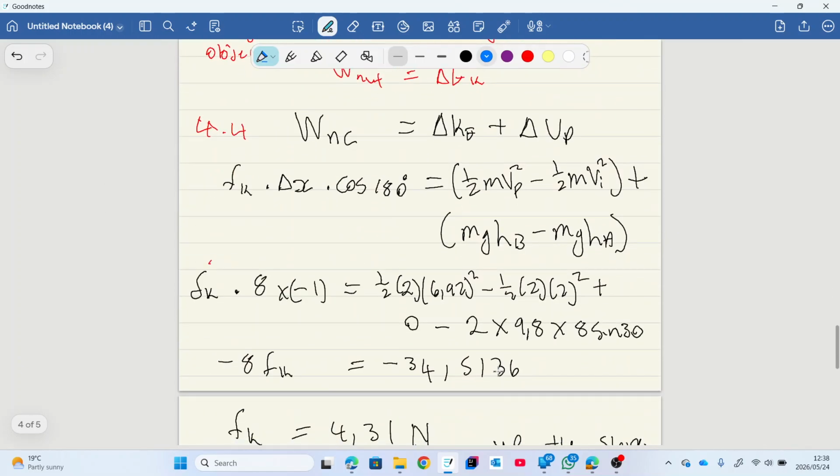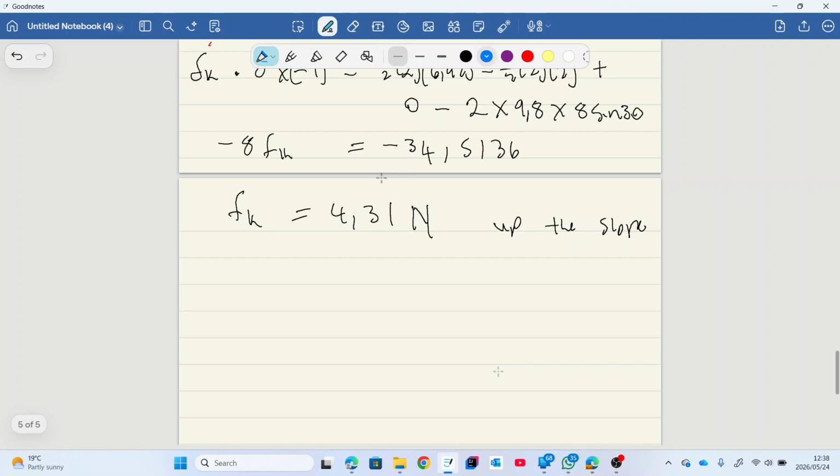Therefore, question 4.5. Okay, therefore I'm going to use the formula W net equals the change in kinetic energy, EK.